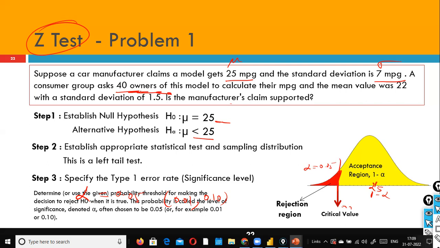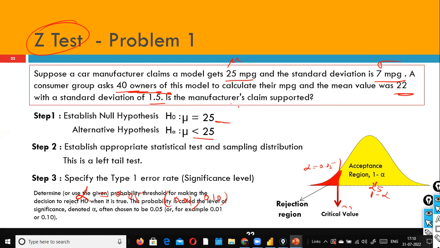Your sample contains only 40 owners. You ask each person how much mileage they are getting. Some say 24 miles per gallon, some say 22, 20 and so on. Since you have data from 40 owners, you can find the average. When you found the average of your sample, you got 22 miles per gallon, and the standard deviation is 1.5.